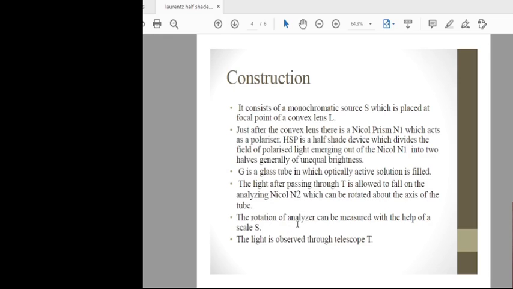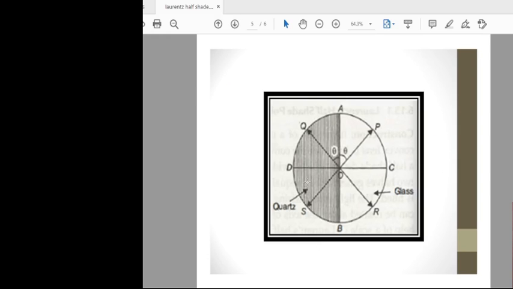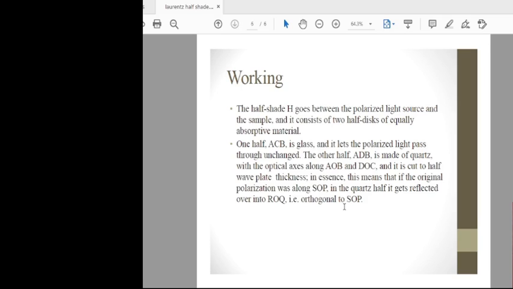The rotation of the analyzer can be measured with the help of a scale, and the light is observed through the telescope T. In this way we are observing the two halves with unequal distribution. This one is bright, this is dark.